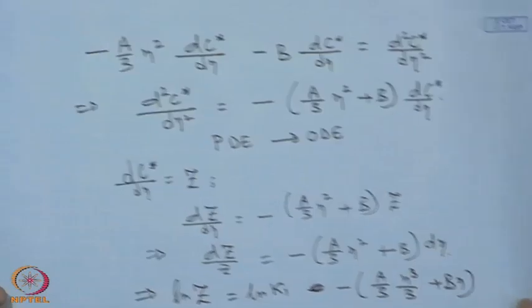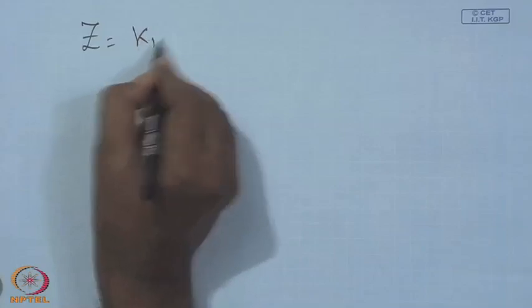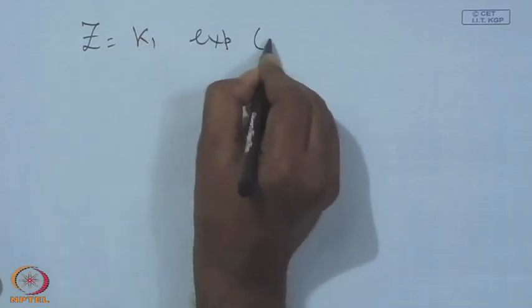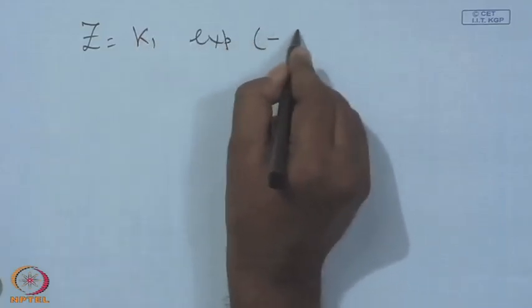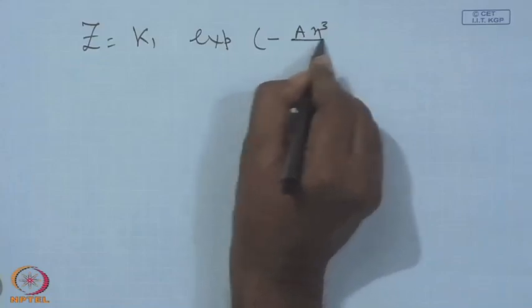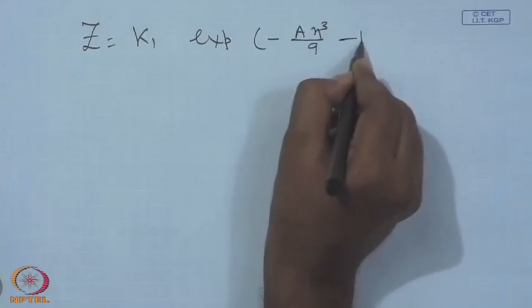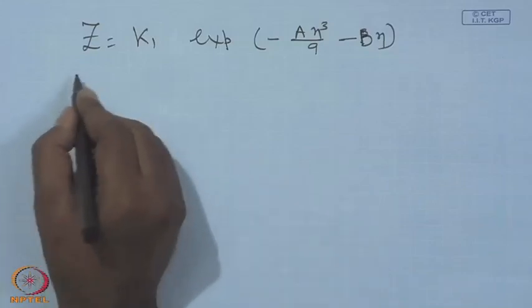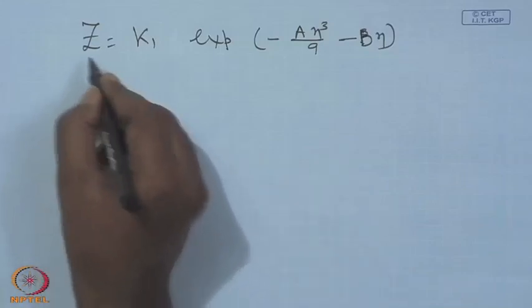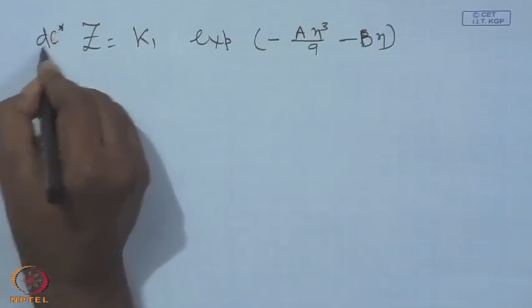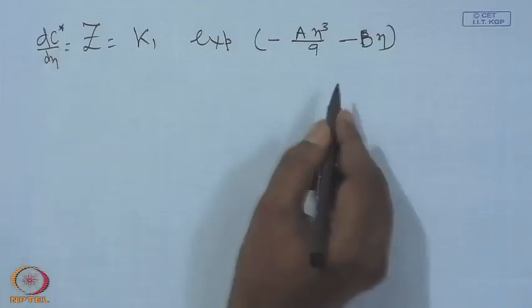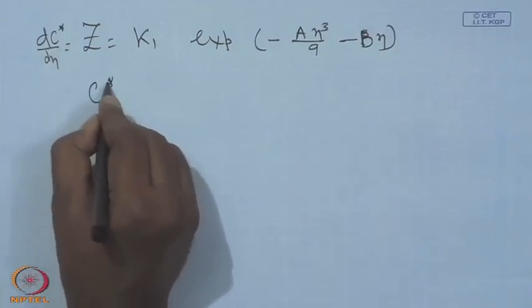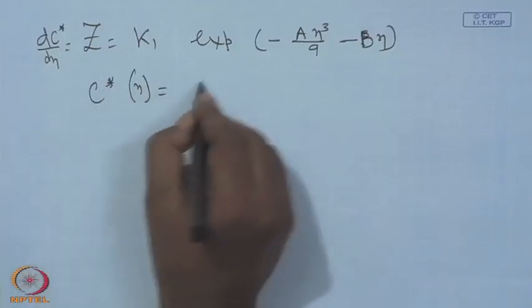Therefore, z is equal to k 1 exponential of minus a eta cube by 9 minus b eta. Now, what is z? Z is nothing but d c star d eta. So, one more integration will give you c star as a function of eta.